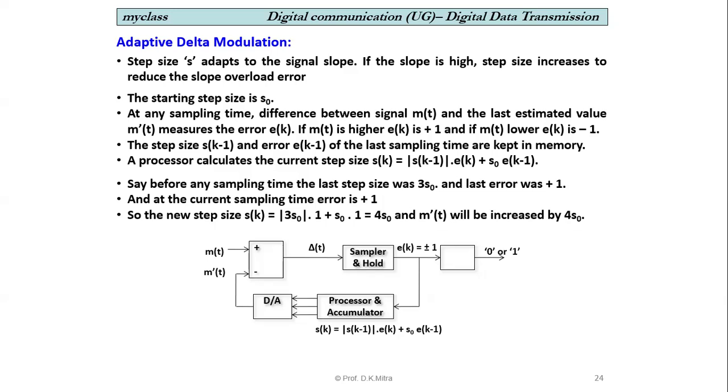By doing that, my accumulator value may overtake the signal or may still be behind the signal. If it is behind, then my next step will be 5S0. If it overtakes, we shall see how it does the calculation.